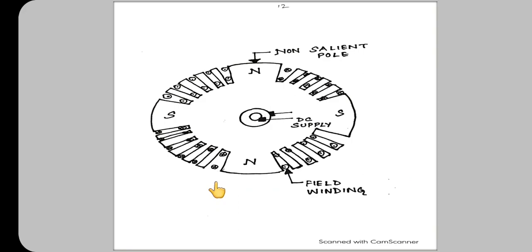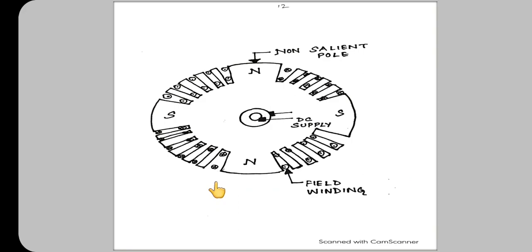We can use not less than 2 poles, and thus the highest possible speed for a frequency of 50 Hz is 3000 revolutions per minute. The next lower speed is 1500 rpm for a 4 pole machine.